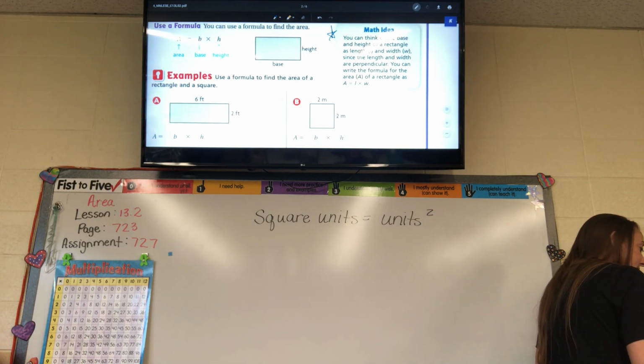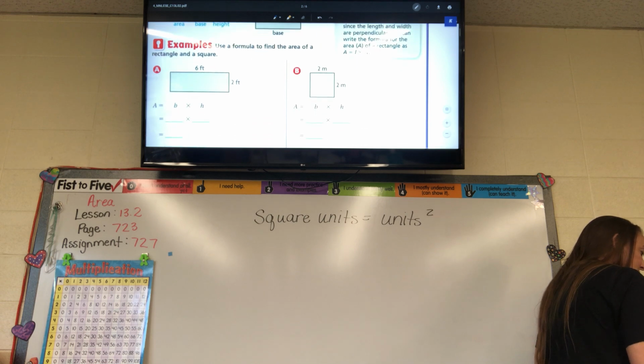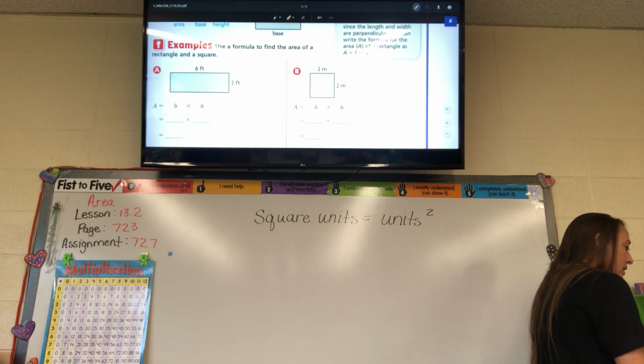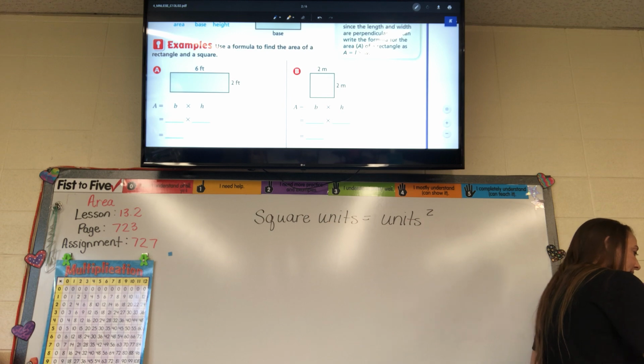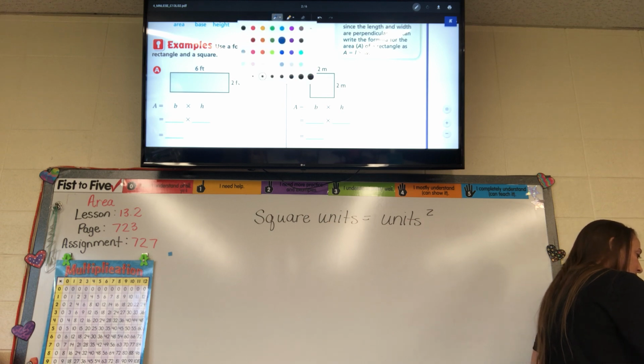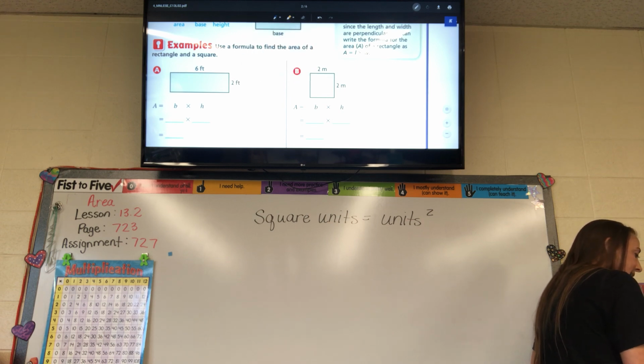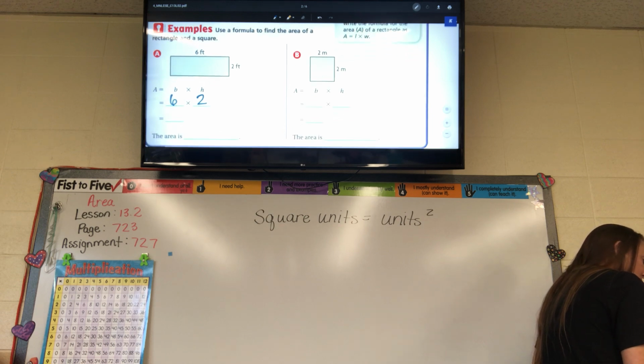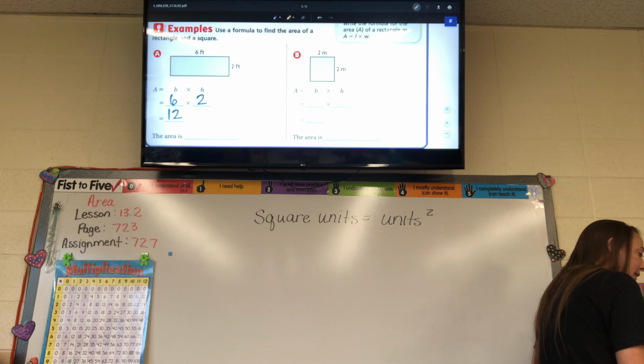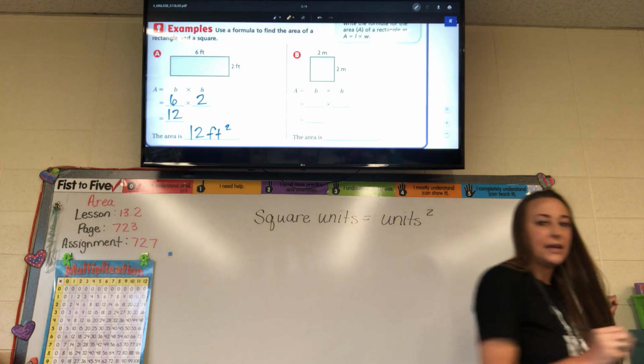Use a formula to find the area of the rectangle and the square. Okay, so for letter A, I'm going to use the 6 foot as the base and the 2 foot as the height. So our answer then will be 12. And so the area of A is 12 feet squared. Okay?